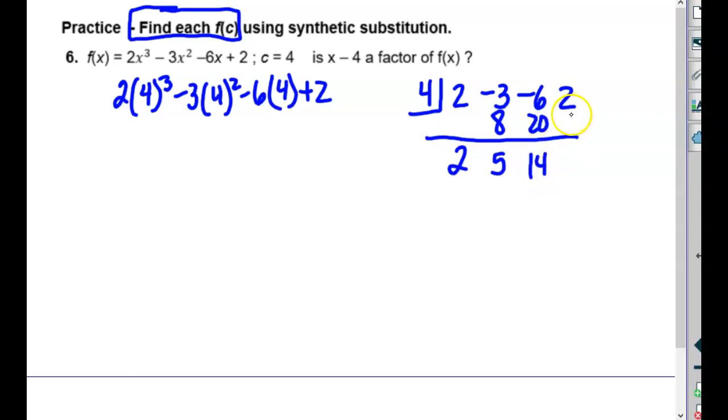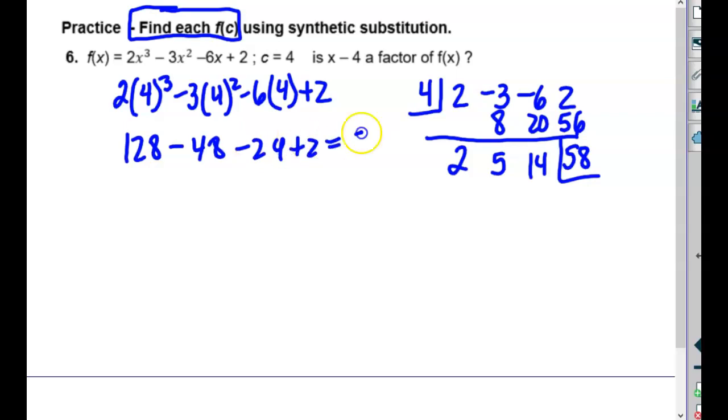Yikes, I'm definitely not getting 0, but maybe I did something wrong. I got 58. Did anybody do it this way and get 58? 58 both ways?